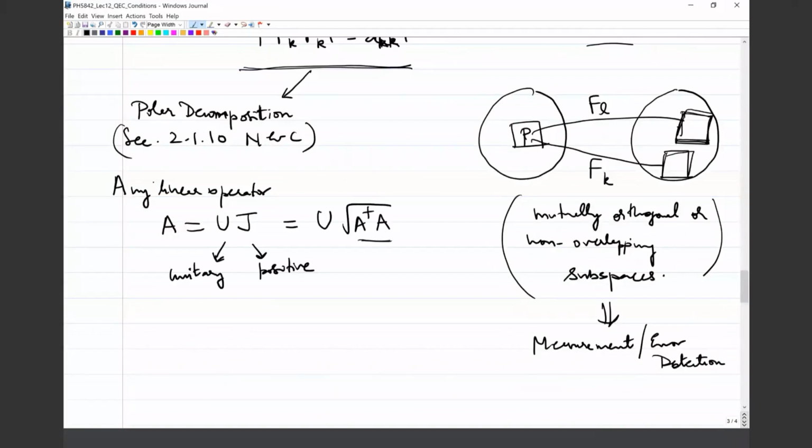So every linear operator can be decomposed as a unitary times the square root of A dagger A. This is what the polar decomposition is.